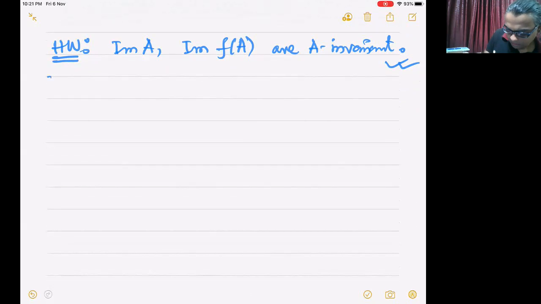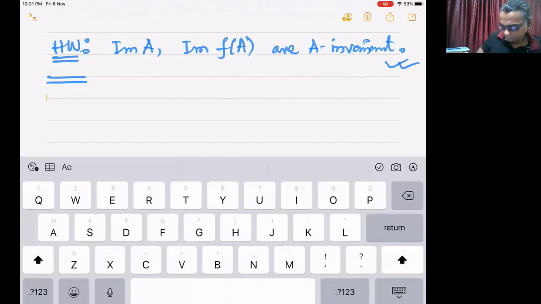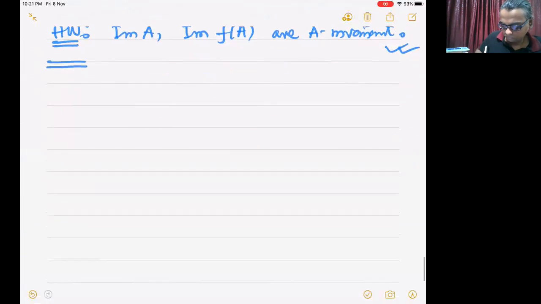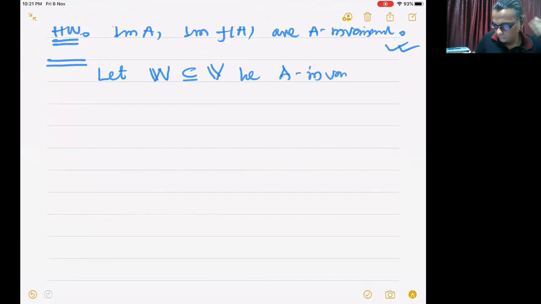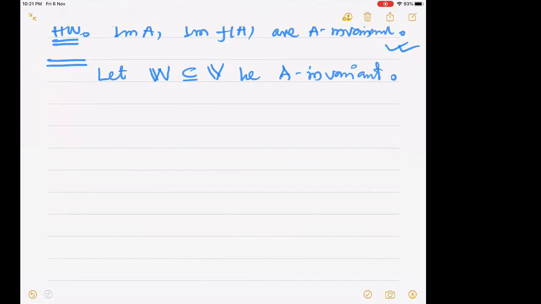The help comes in this form. Suppose W, a subspace of V, is A invariant.